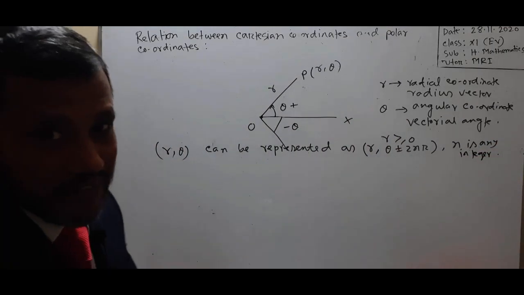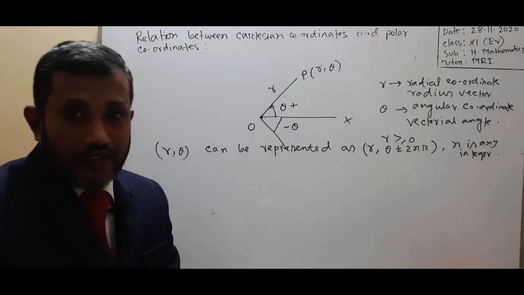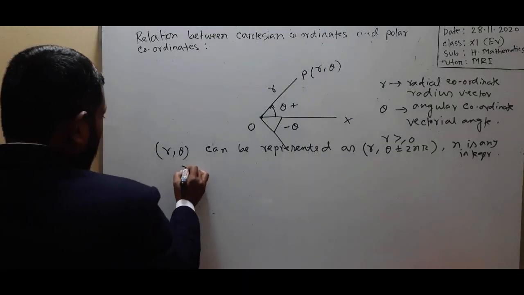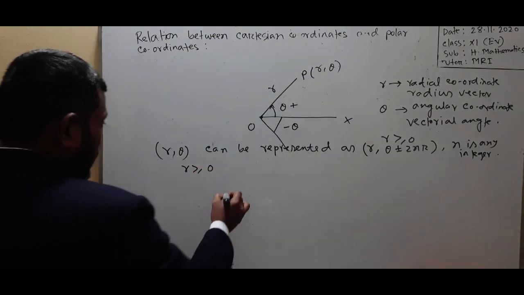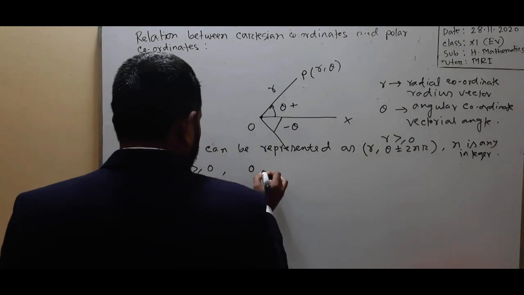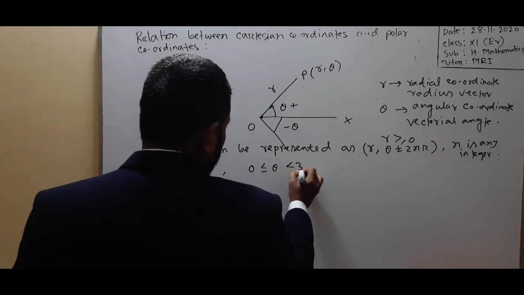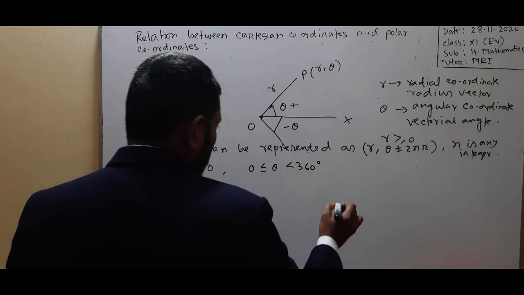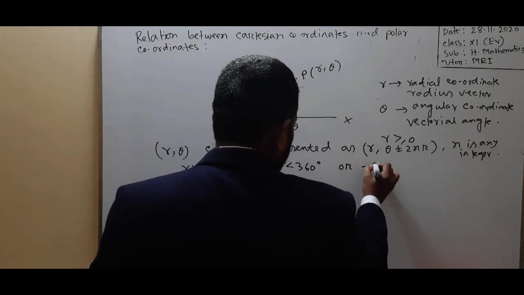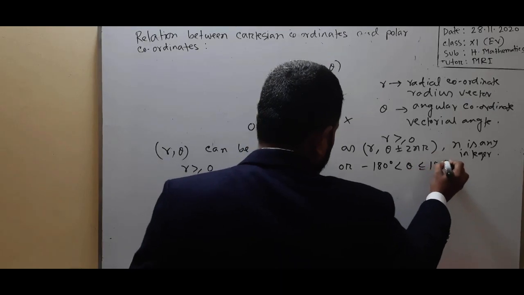To get a unique representation of a point, it is usual to limit r greater than or equal to 0 and theta to 0 less than or equal to theta less than 360 degrees, or minus 180 degrees less than theta less than or equal to 180 degrees.